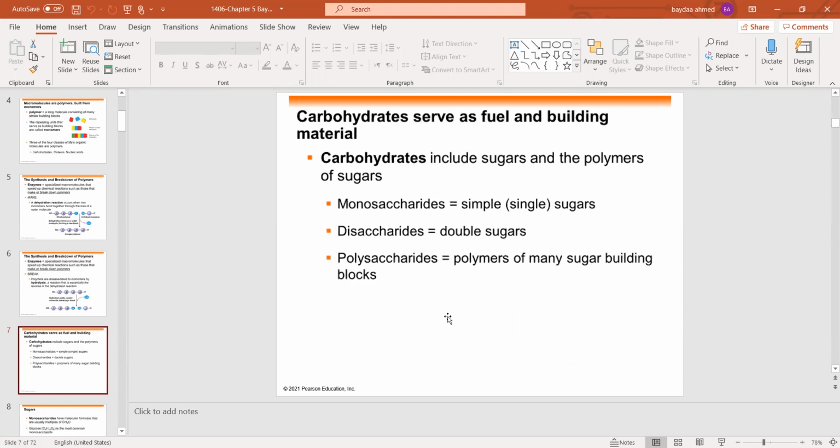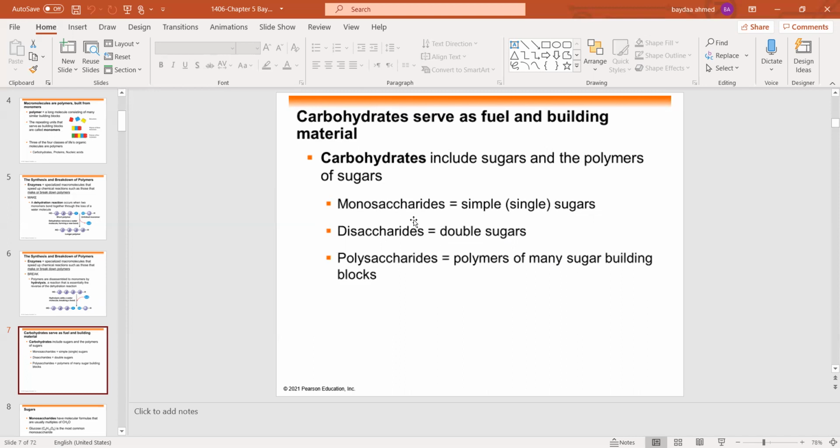Carbohydrates include sugars and polymers of sugars. The simplest carbohydrates are monosaccharides. Those are the monomers or simple sugars. These are monomers from which more complex carbohydrates are built, meaning that disaccharides and polysaccharides are made up from monosaccharides.